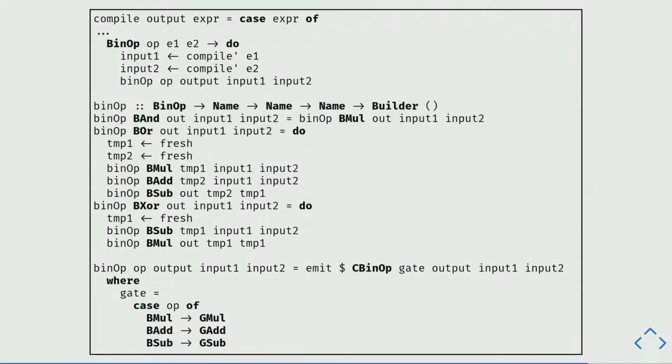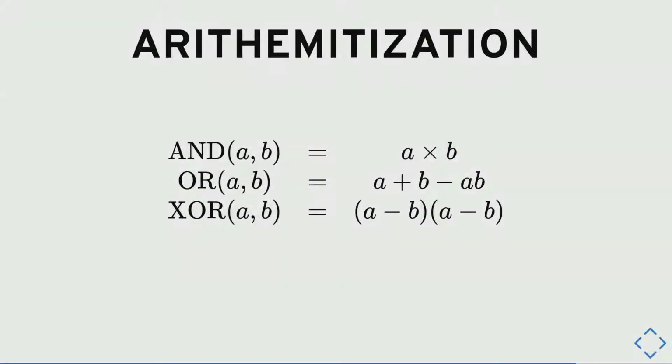And then we can just add a new function called binop, which takes some binop, the output, input, and other input, and if it's AND, then it emits a multiplication, just like we were doing before.